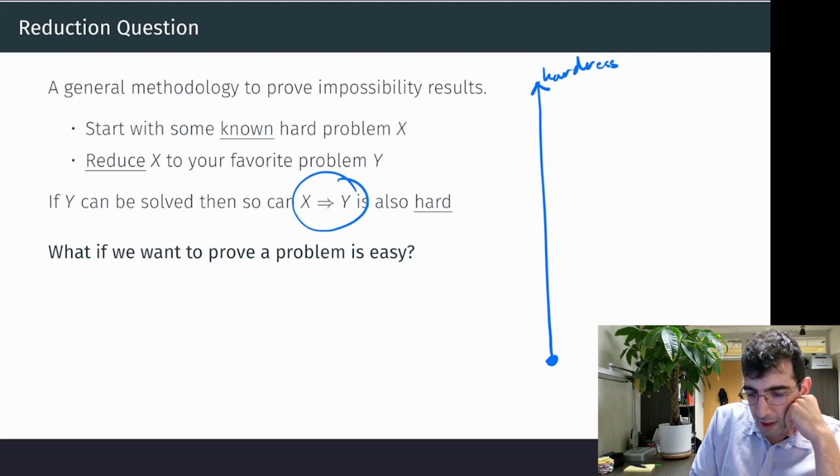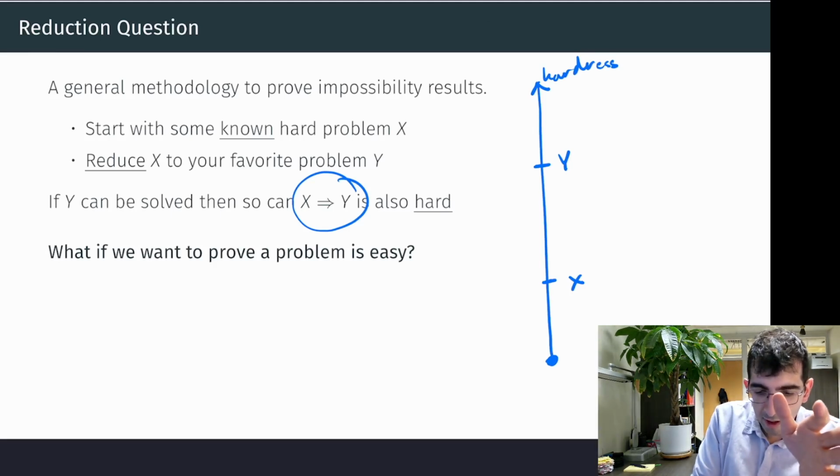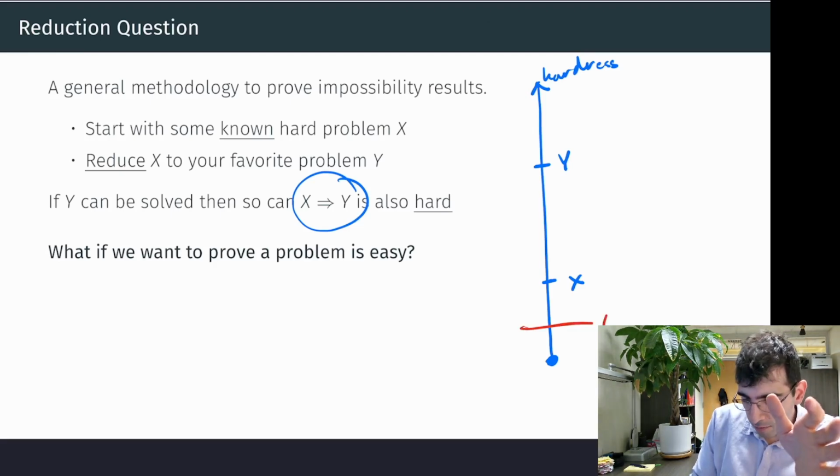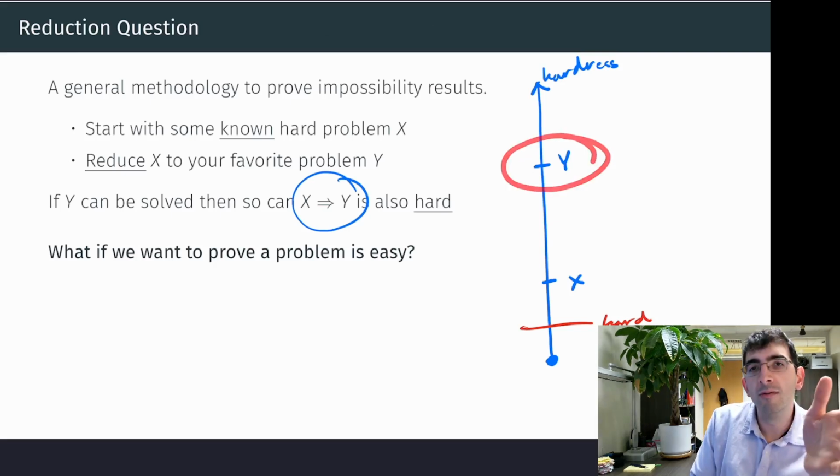And so this line would be y, and this line would be x, right? So if x is a hard problem, then we know y also has to be a hard problem, right?